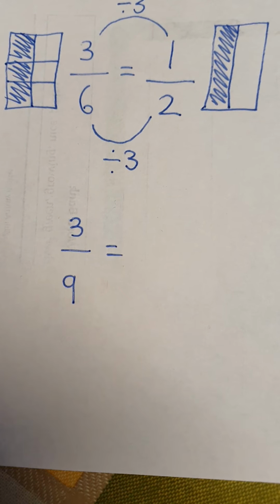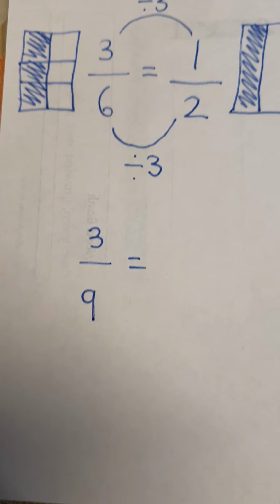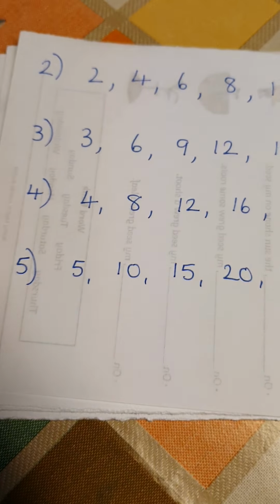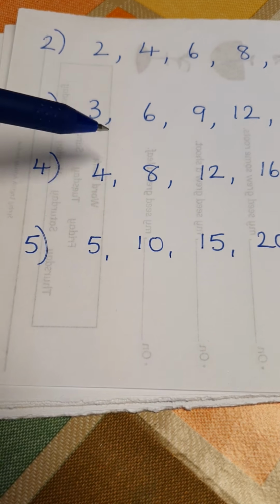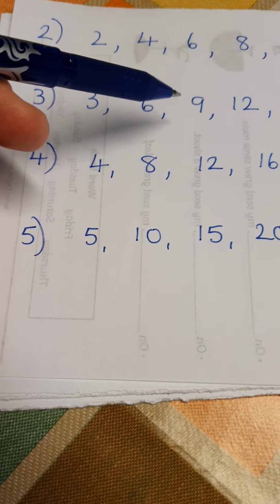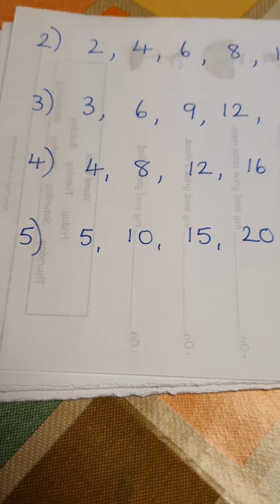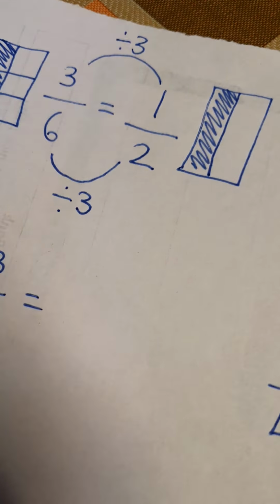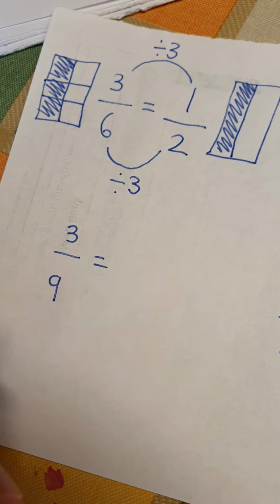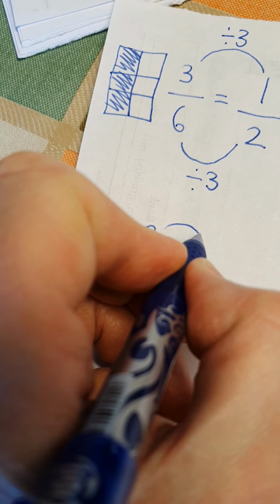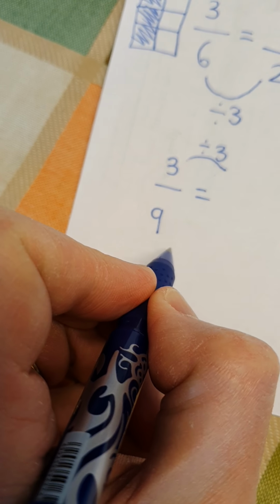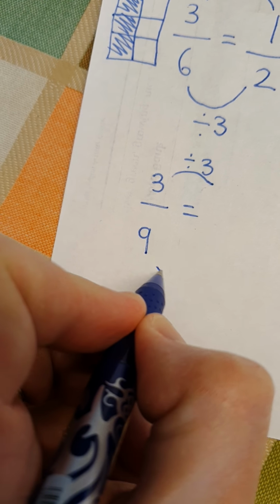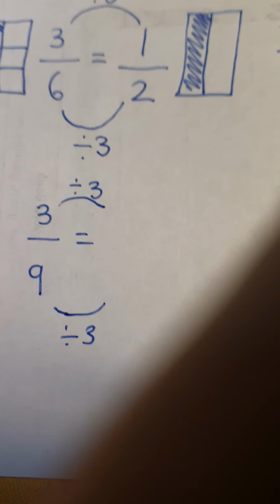So I've got one here, 3/9. And look back here, what times table are they both in? Hopefully you can see there's a 3 here and there's a 9 here. So it's the 3 times table we're doing. So back down to this side, 3/9. We're dividing by 3 again. Whatever we do to the top, we have to do to the bottom. Sorry, the paper was moving.